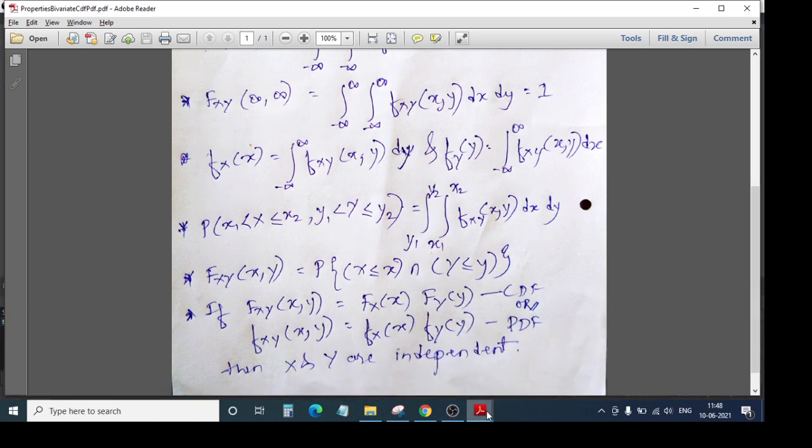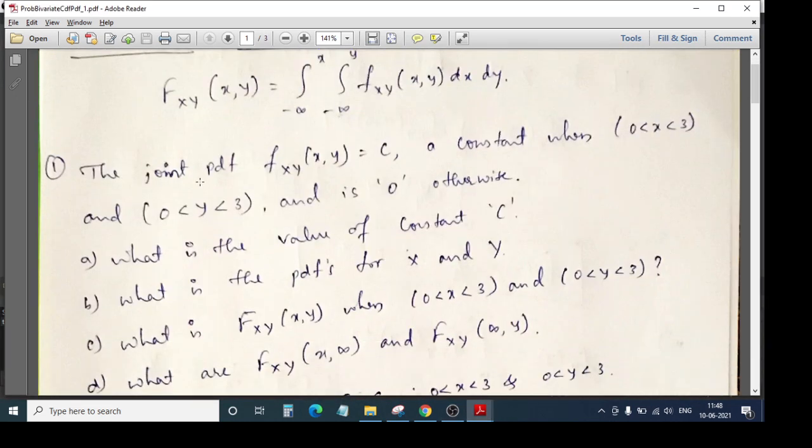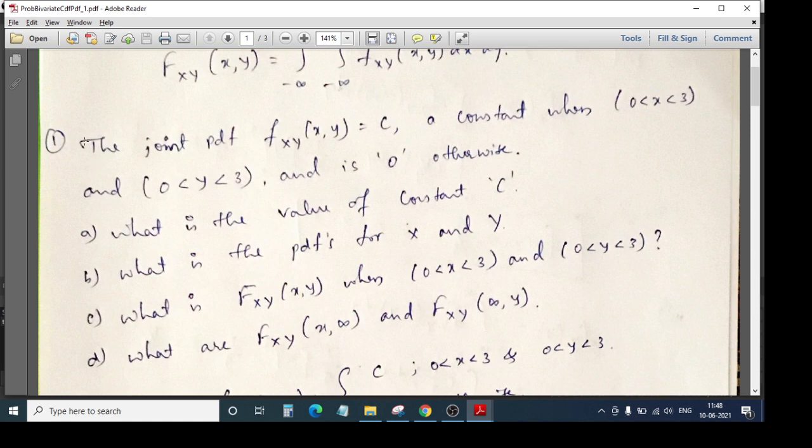So the first problem we have is, let us see the statement of the problem. The joint PDF f_XY(x, y) is equal to c, where c here is a constant, and x ranges between 0 to 3 and y ranges between 0 to 3, and it is 0 otherwise.